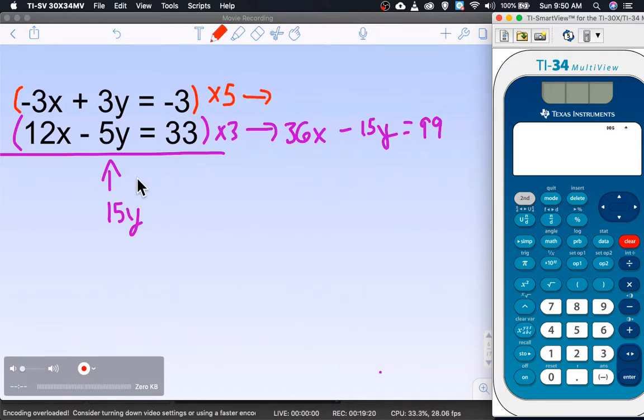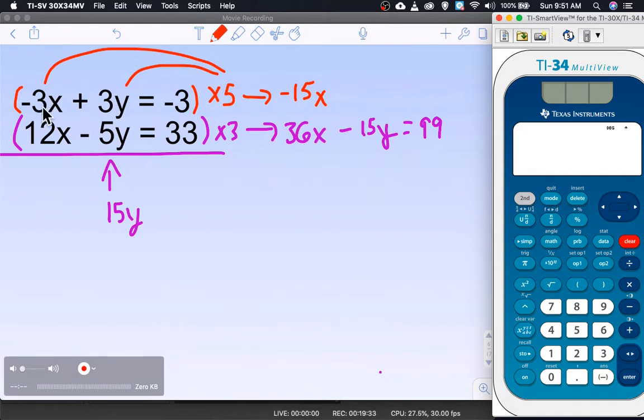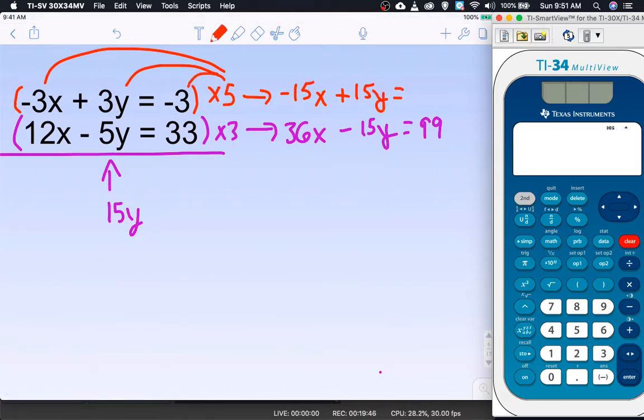Now I have to do it to the entire equation, so 5 times negative 3x is negative 15x. There we go. Now, 5 times this 3y is a positive 15y. And then 5 times negative 3 is negative 15.